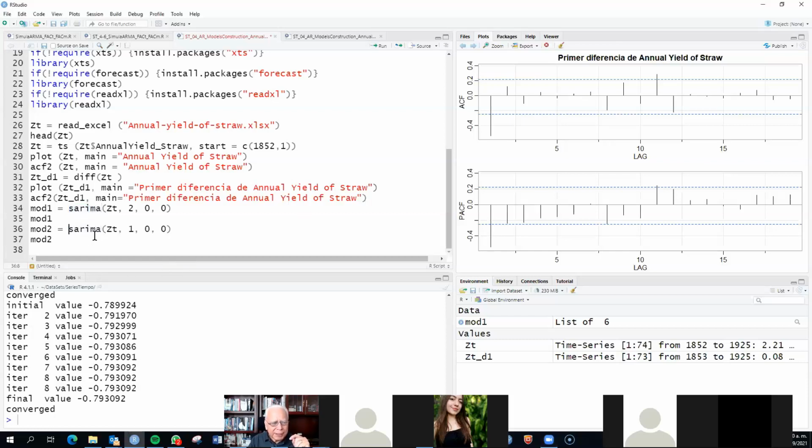We'll fit it with the same function SARIMA. I'll fit an AR1 model, and I have to add a 1 because I'm taking one difference of the series. So this is mod 2.